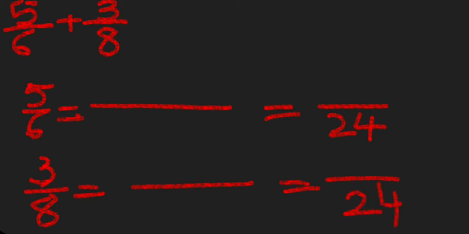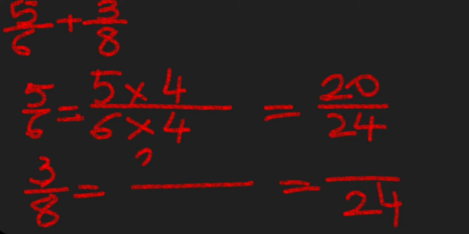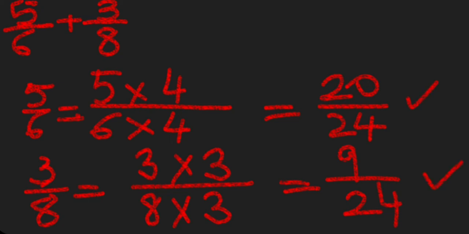Now with what number will I multiply? 5 upon 6, I have to make 6 as 24, so I'll multiply it with 4 below and above. So 4 5s are 20. Now 3 upon 8, I have to convert 8 into 24. I'll multiply with 3 below and above. So 3 3s are 9. So these are the new numbers, 20 upon 24 and 9 upon 24.